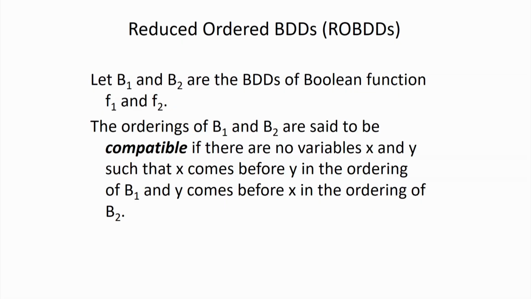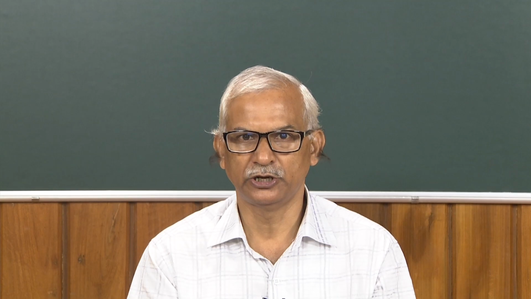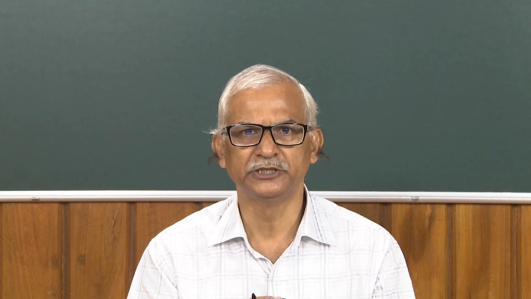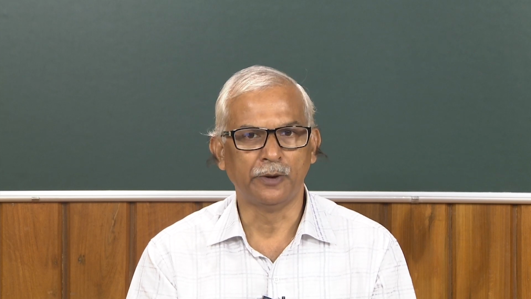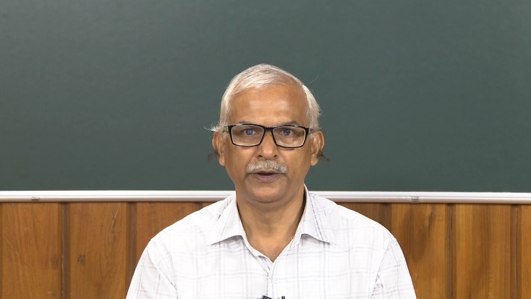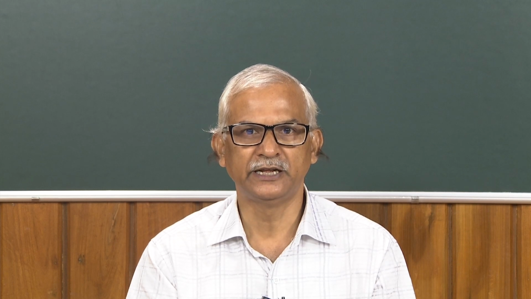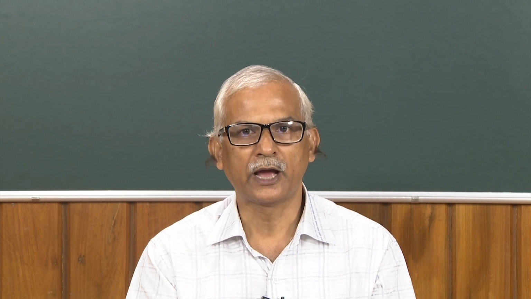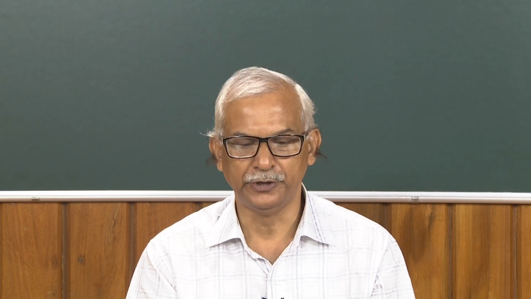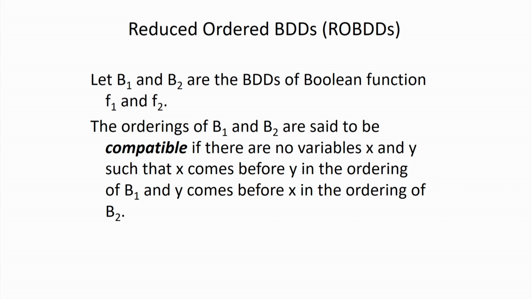We can consider now two defined functions f1 and f2, where B1 is the BDD representation of f1 and B2 is the BDD representation of the Boolean function f2. The orderings of B1 and B2 are said to be compatible if there are no variables x and y such that x comes before y in the ordering of B1 and y comes before x in the ordering of B2. So, they should not have different variable ordering.